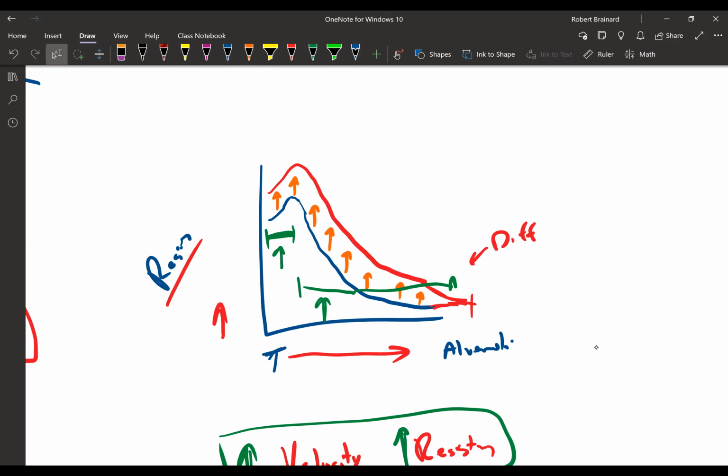Or maybe they're taking really big, deep breaths and they can't catch their breath, even though they're breathing in real deep. Well, what's going to be happening? The resistance to flow is increasing, which is why you see that.